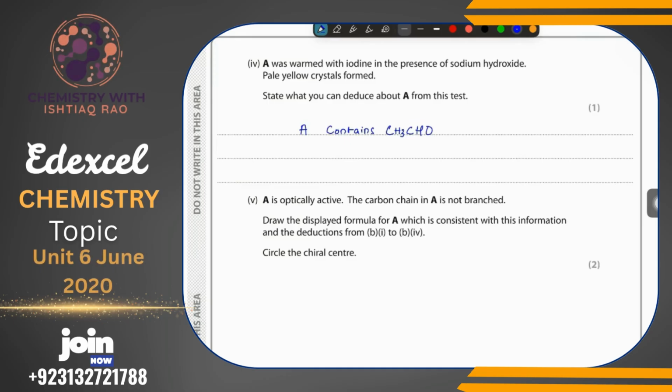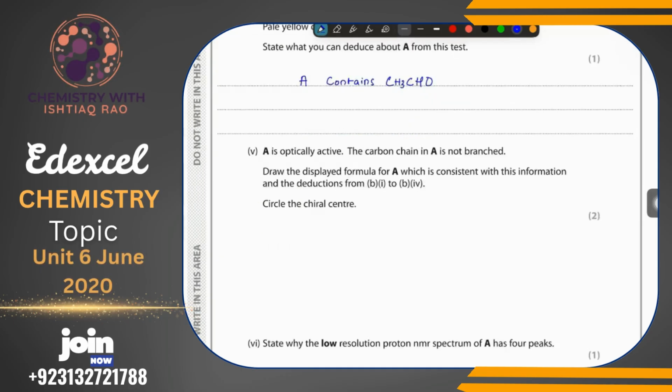B1 shows it consists of an OH group. So it is not a carboxylic acid. It consists of an OH group and it has a methyl ketone also.